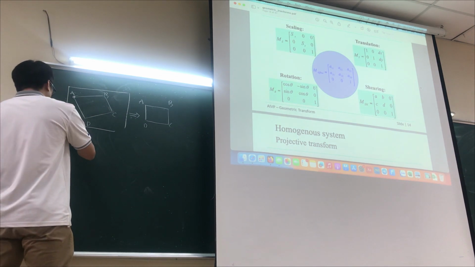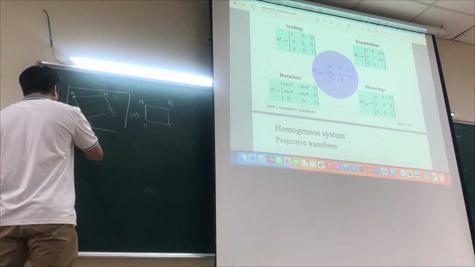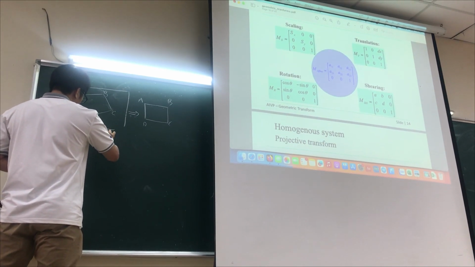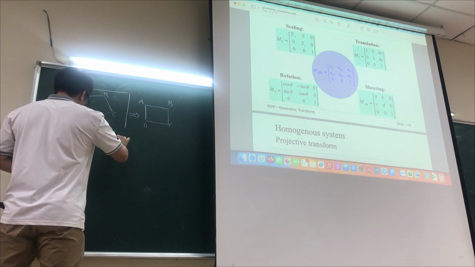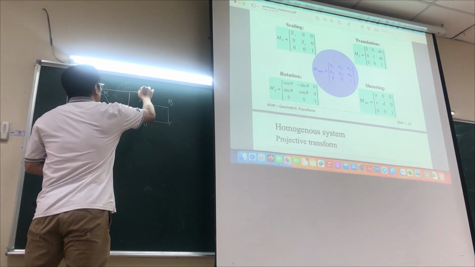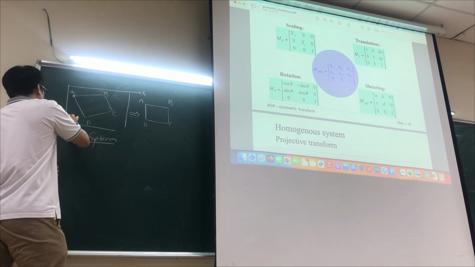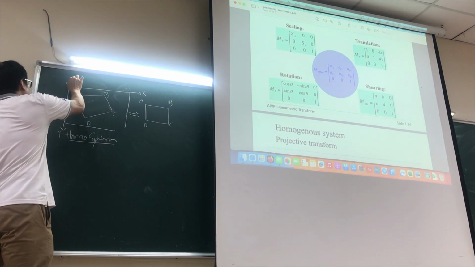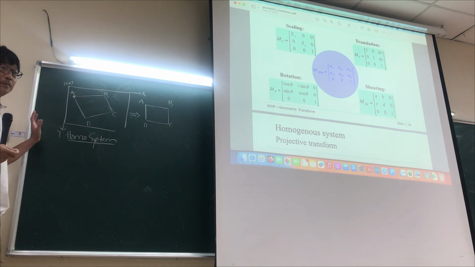Now you have a concept called homogeneous coordinates. For the image like that, you have x, y, that is 0, 0. You know all this, right?